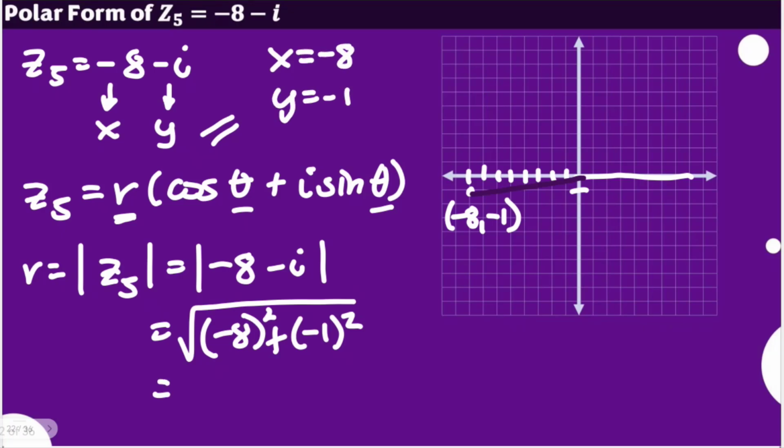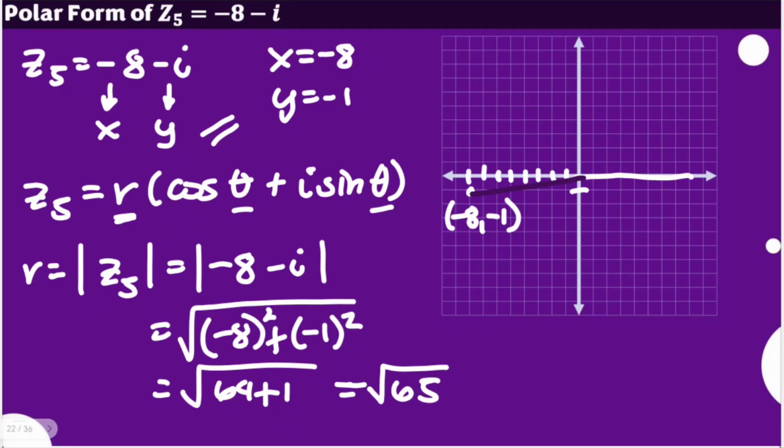So you will have the square root of 64 plus 1, which gives the square root of 65. This is the value of r for this output. That's square root of 65.